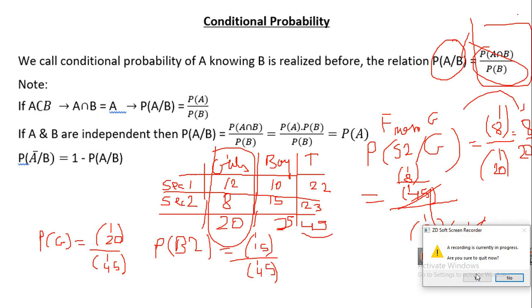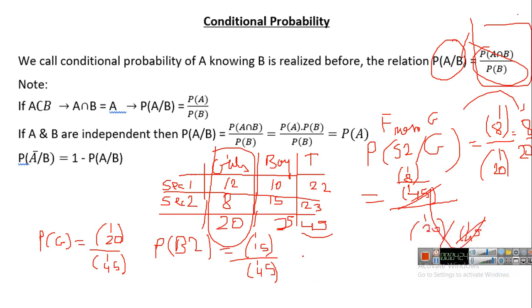Suppose another example. Suppose I said from secondary 2, what is the probability of picking a boy? So from secondary 2, the universe now is secondary 2. So I say P of boy knowing secondary 2.